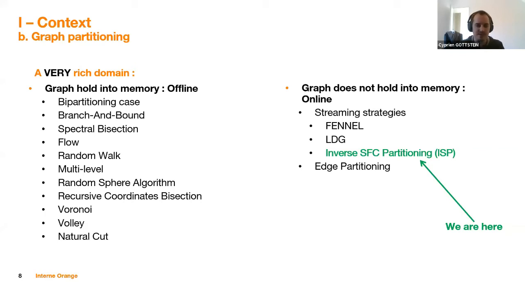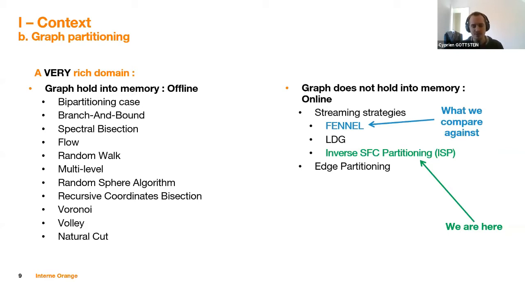Our work is based on ISP, the space filling curve partitioning, SFC, space filling curve. And we mainly compare ourselves against FENNEL, which is, I think, today the most standard approach of graph streaming partitioning strategies.